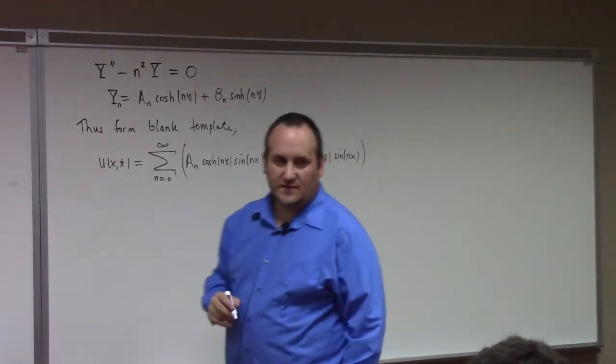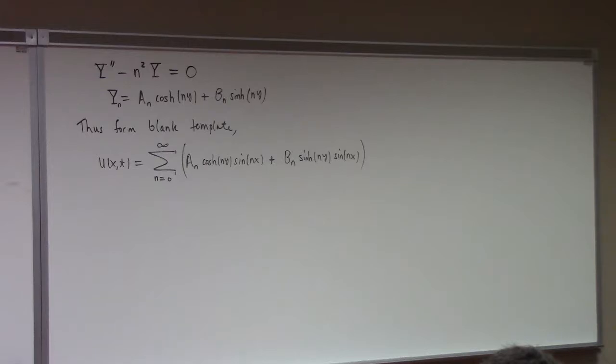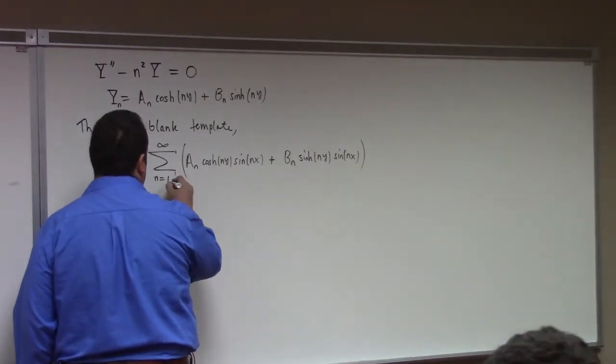Of course, that's kind of a silly summation, n equals 0 is a little bit weird. If you want me to, we could start this sum at 1. What would it change? Let me do that. If I start this at 1, what do I have to add?